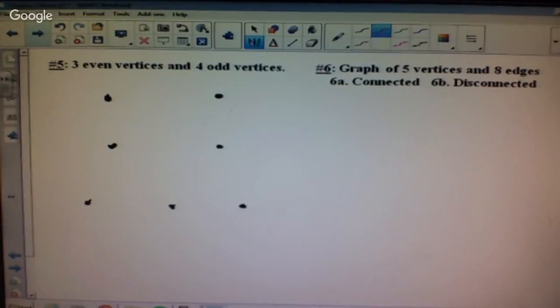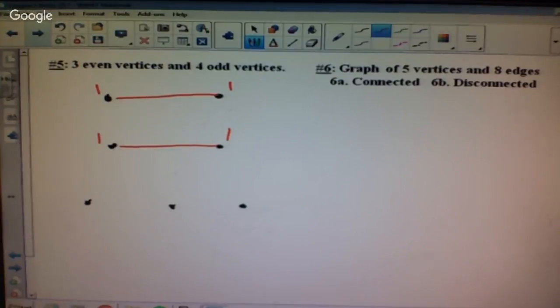Okay, so I need 4 odd vertices. So I'm going to pick 4 of these and make them odd. Well, if I just draw a line that goes from one to another and one to another, these are all odd. This has a degree of 1, this has a degree of 1, this is a 1, and this is a 1. So a single edge will make my dots an odd degree.